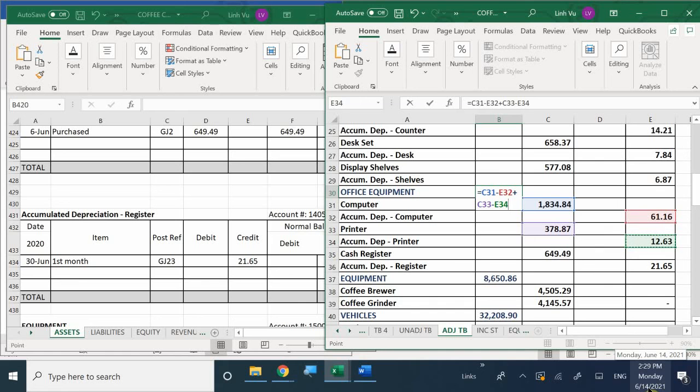Okay, last but not least, I'm going to add in my cash register, but subtract out my accumulated depreciation. Okay, 2667.76 is correct. That's our total fair market value or book value as of right now for my office equipment.